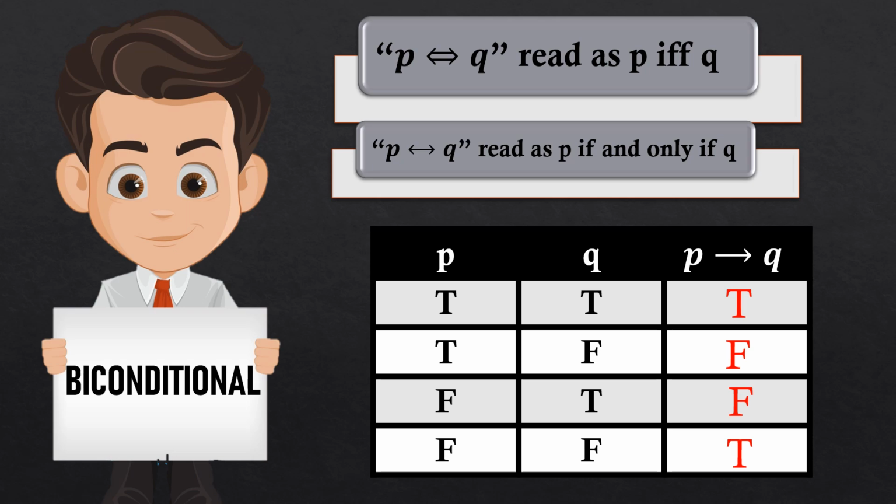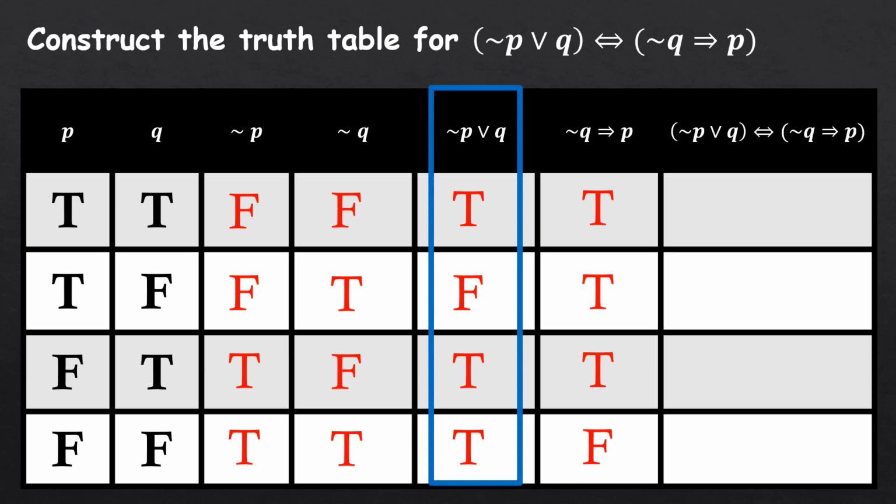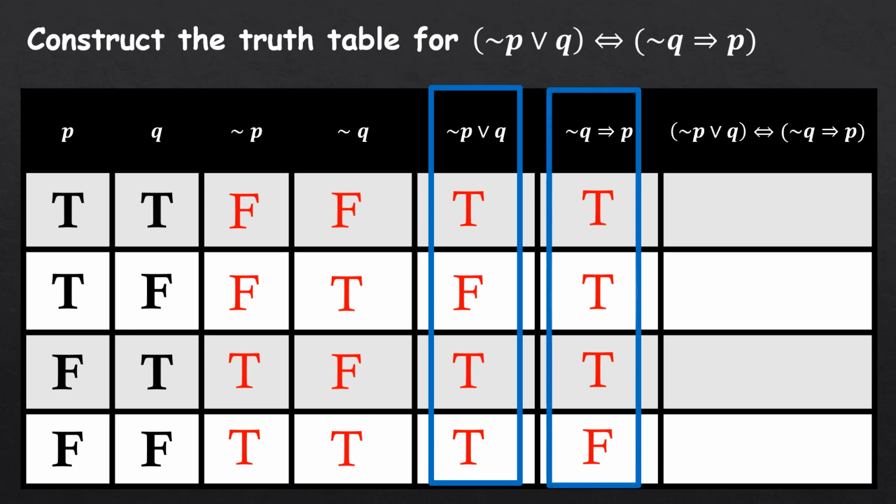If the truth values are the same, then the answer is true. We will now focus on the column of the term not P or Q and the column for the term not Q implies P. T if and only if T, the answer is T.